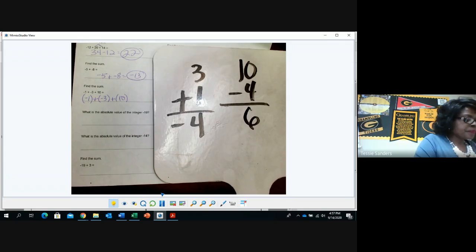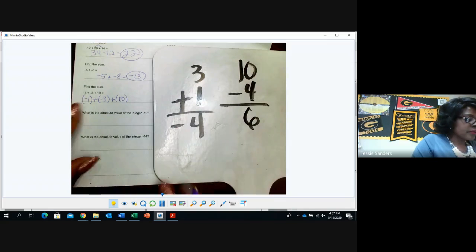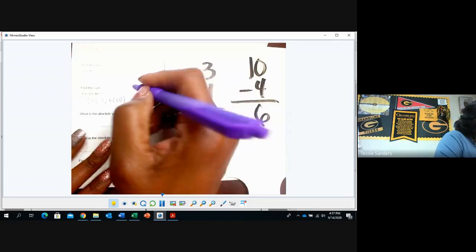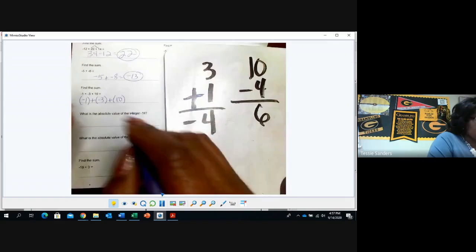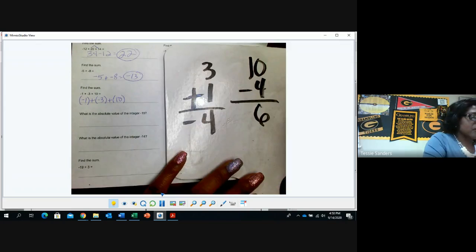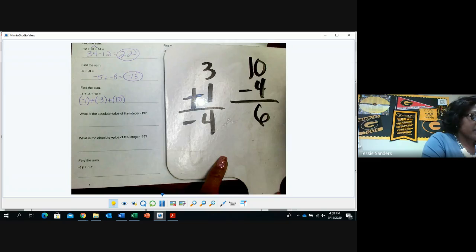So now we've added 3 plus 1, and we got 4. And we got a negative what? 4. So we're rewriting the problem. This is how it's going to look. You're going to have 6 minus 4.